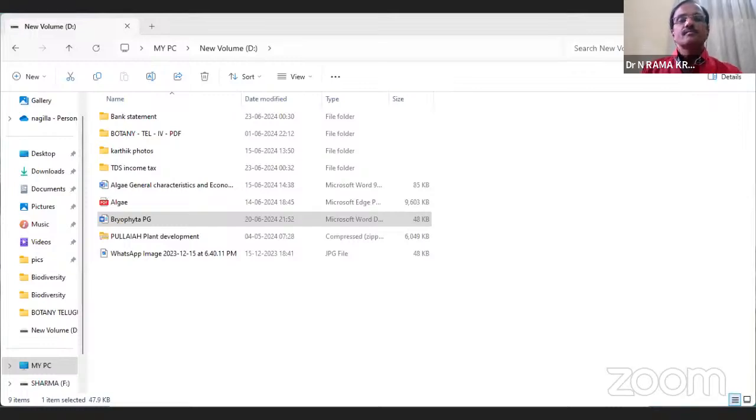It is a little bit dark brown in color, dorsiventral, with a prostrate system. It has lobule-like structures, one lobe-like structure. The dorsal surface is very smooth, and the midrib is absent.